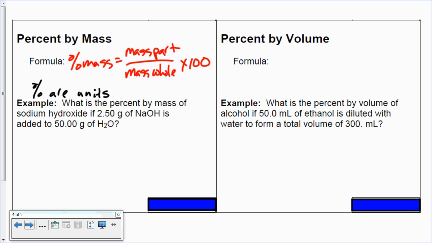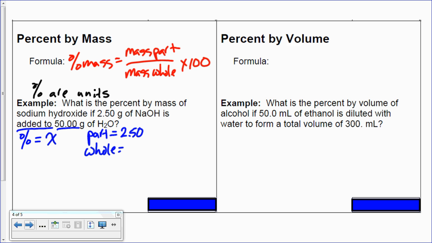Now, when we set up our problem here, what is the percent by mass of sodium hydroxide if 2.5 grams of NaOH is added to 50 grams of H2O? Well, percent equals X, so the part is the 2.50 grams, and the whole has a little twist on it. It's not 50 grams for the whole, because notice it's added to 50 grams of H2O.